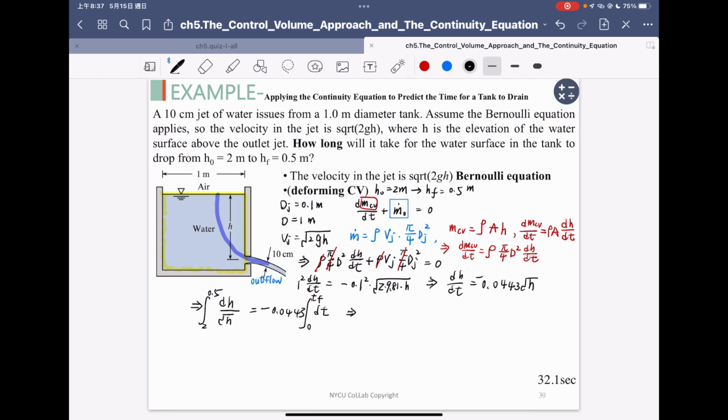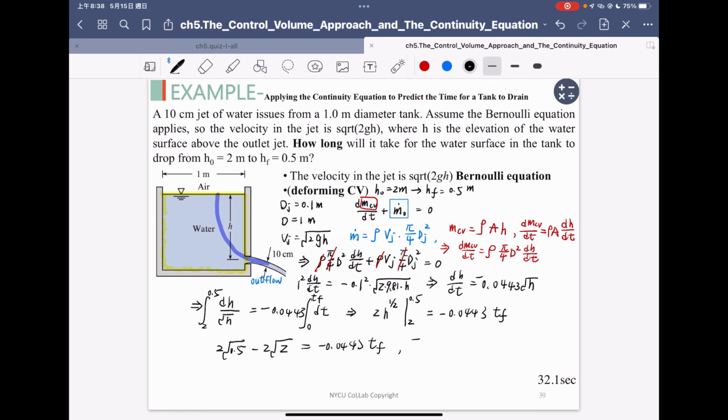That will equal to 2 times root h, and the interval is 2 meter to 0.5, and it will equal to minus 0.0443, and directly integrating the time gives tf. So that's equal to 2 root 0.5 minus 2 root 2 will equal to minus 0.0443 tf.